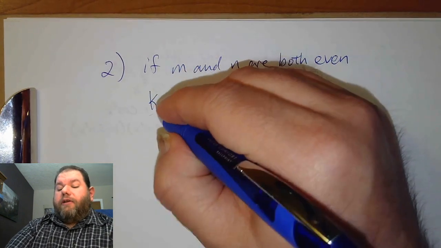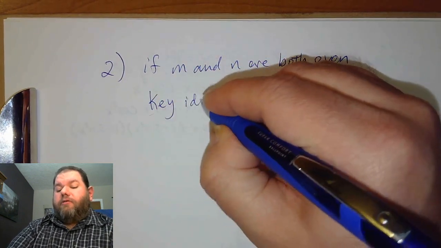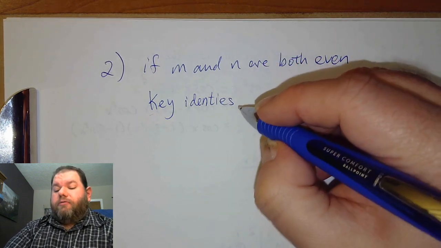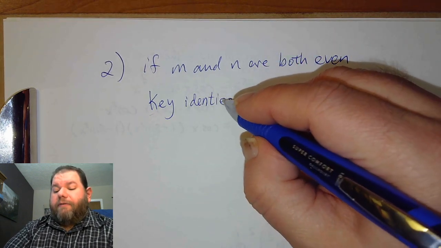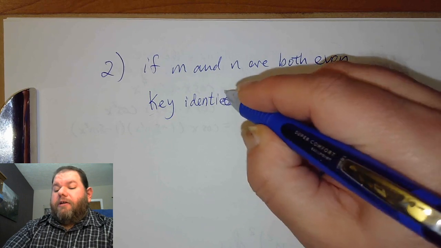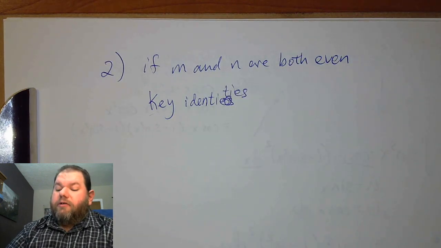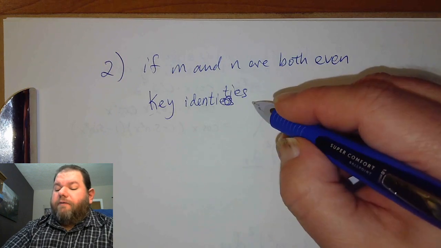The key identities that we use here are what we refer to. I misspelled identities, I left out a syllable, sorry. It doesn't look right. Yeah, it's fine.